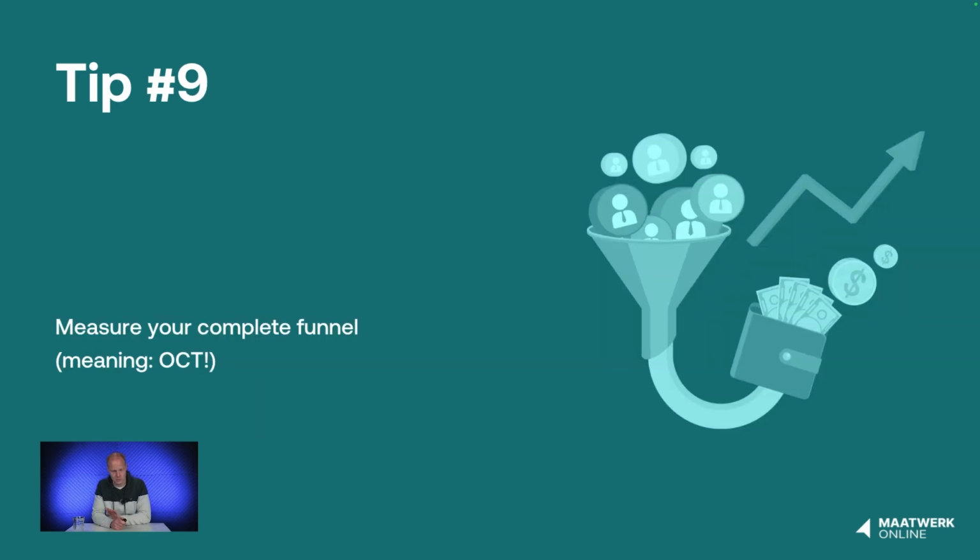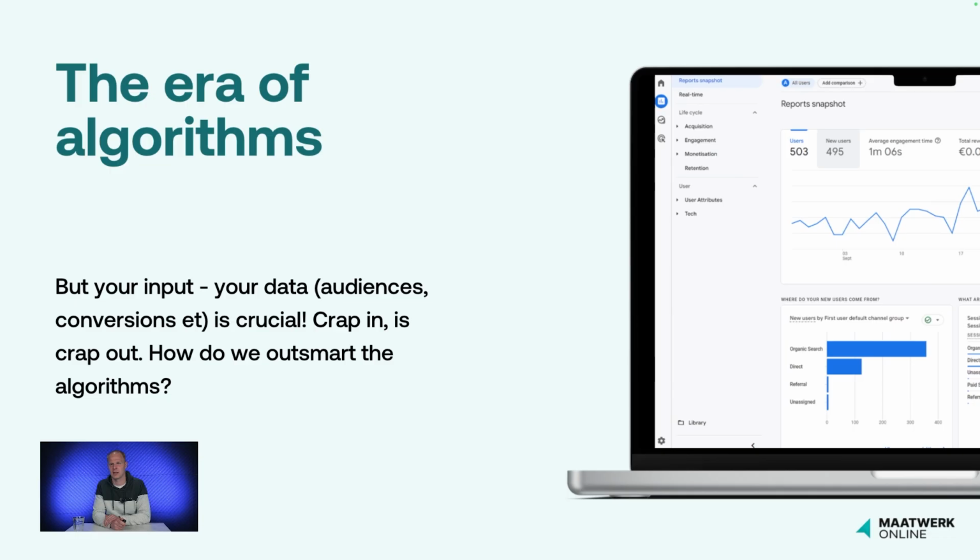Tip number 9, I can't emphasize this too much: measure your complete funnel, meaning OCT, offline conversion tracking. And that's something that we need to do not only in Google Ads, but also in GA4. That is because we are actually living in the era of algorithms, machine learning and AI. If you want a system to optimize towards what we want, and it's based on data, it's really important to give the system the right data.